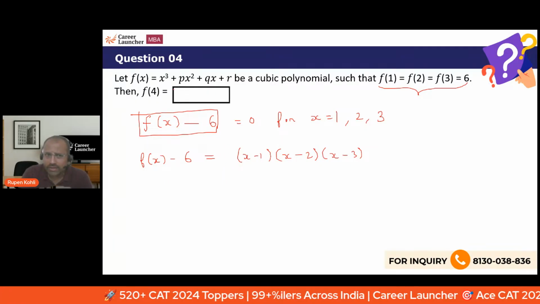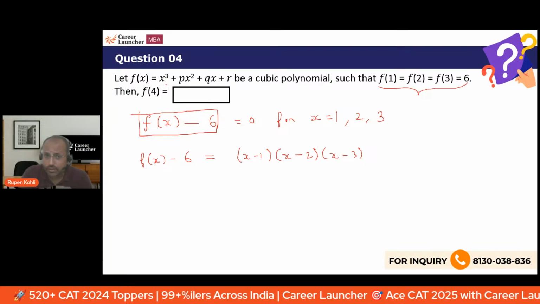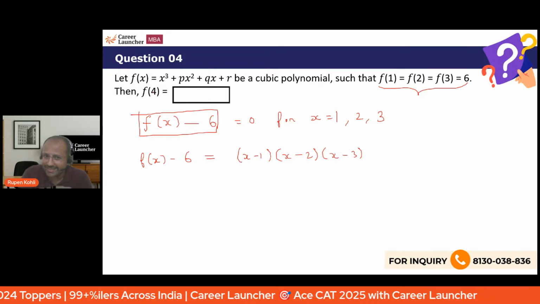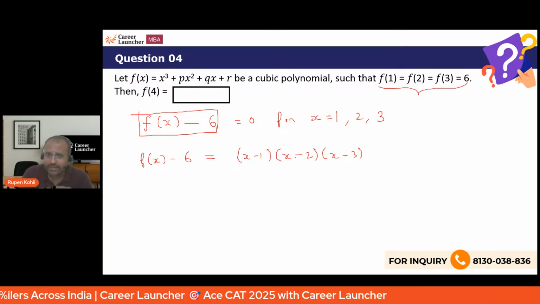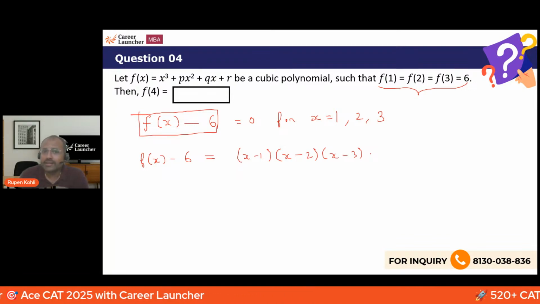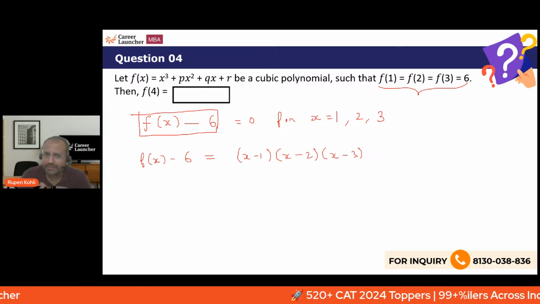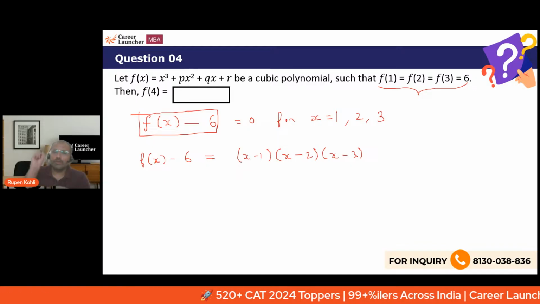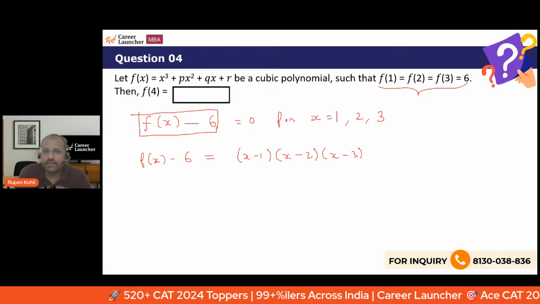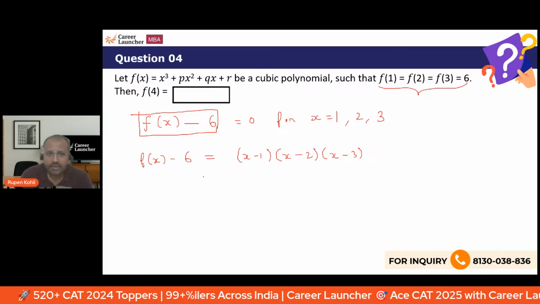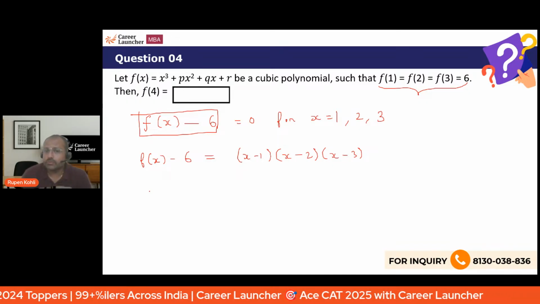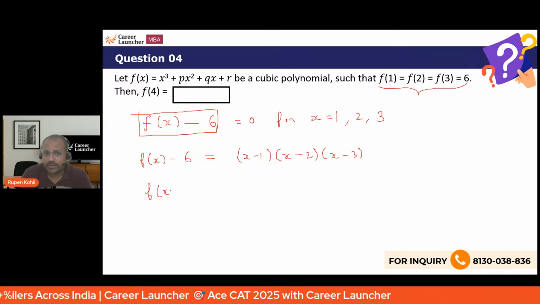But I already know that my f(x), the coefficient of x cube is 1. So can I say that I should let it be so that my coefficient of x cube retains as 1? So have I not written right now the equation of f(x) directly? That f(x) is nothing but (x minus 1) into (x minus 2) into (x minus 3) plus 6.